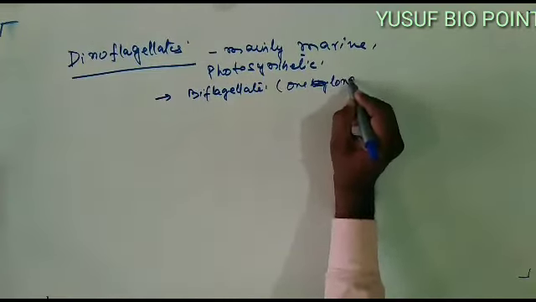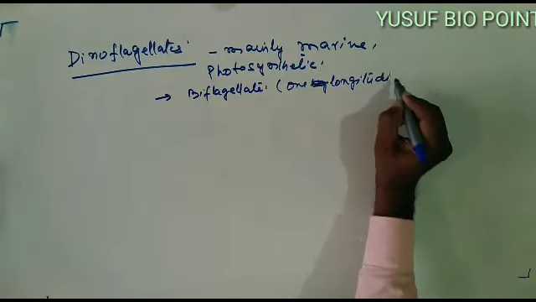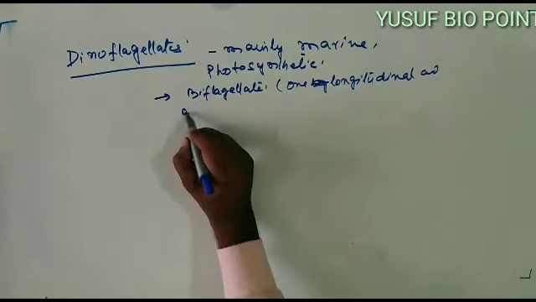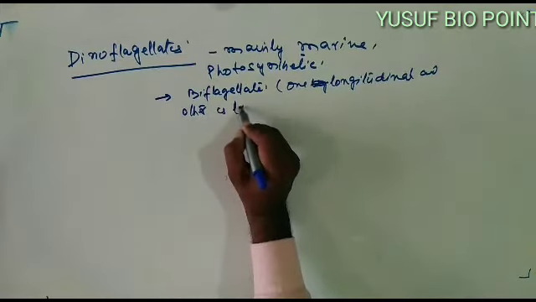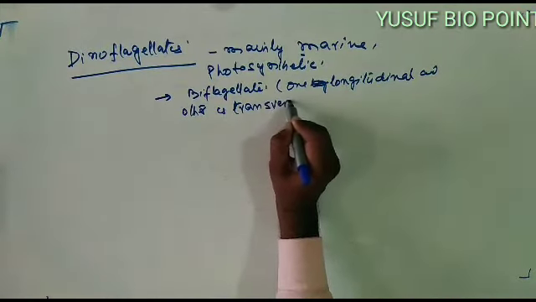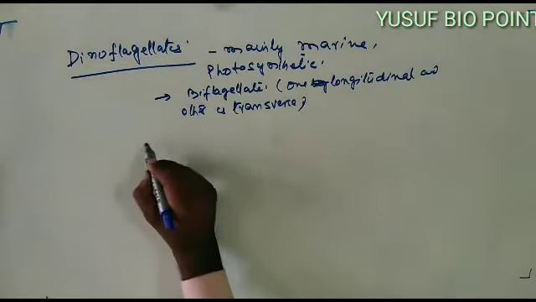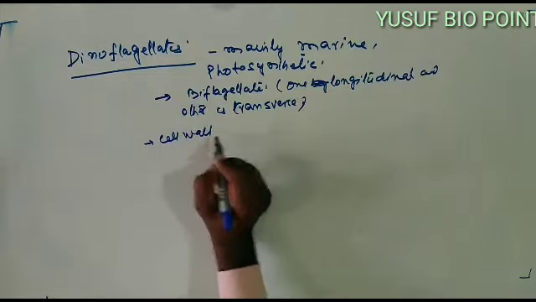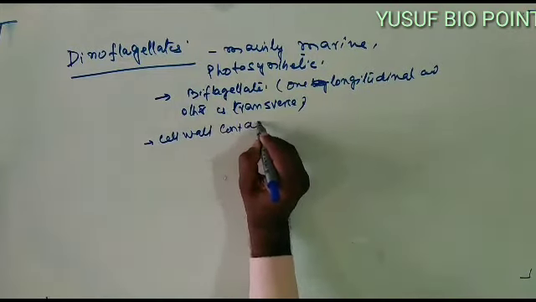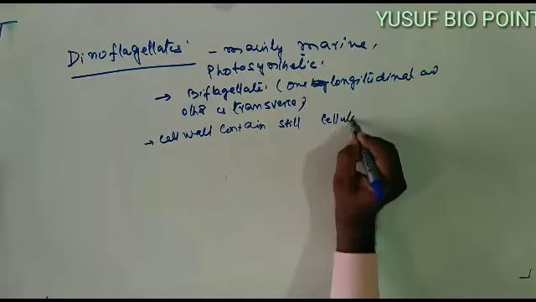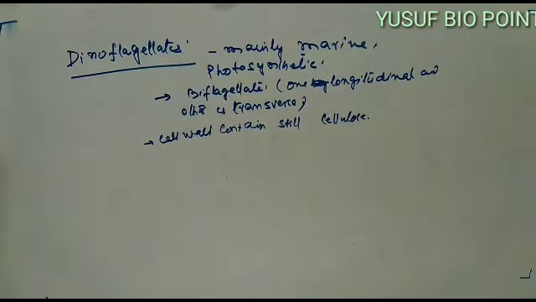One flagellum is longitudinal and the other is transverse, meaning of the two flagella one is longitudinal and the next one is transverse. The cell wall contains stiff cellulose.